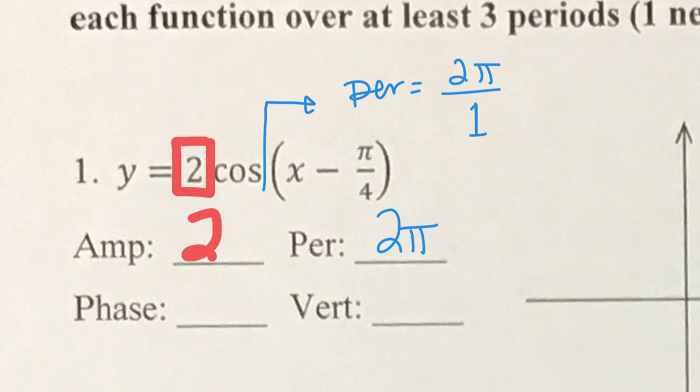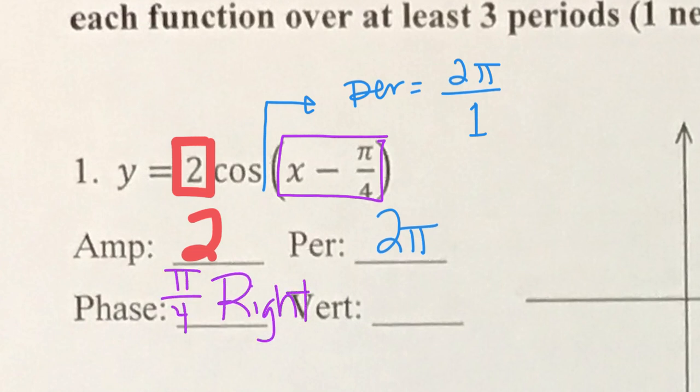The phase shift, so now we're looking in our parentheses. And because it's a minus, your phase shift is going to be pi over 4 units to the right. Okay, so we're going to shift our graph pi over 4 units to the right at the end. And there is no vertical shift, right? There's no number out here at all.